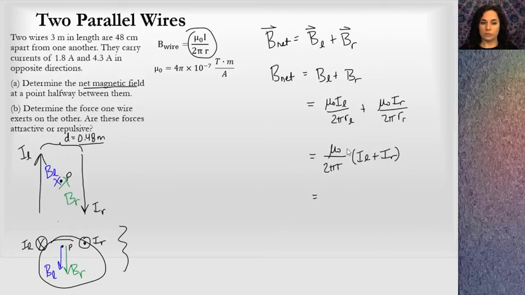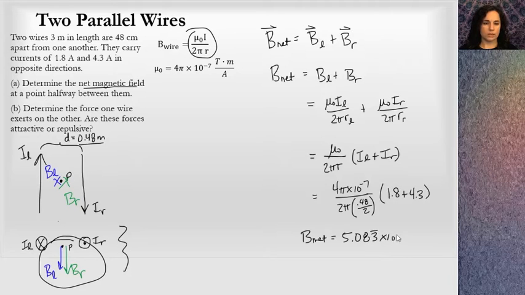So I'm going to write in what I know. Mu naught is 4 pi times 10 to the negative 7th. I have that over 2 pi over 0.48 over 2. All right, and then I'm going to add the two currents. So I have 1.8 plus 4.3. All right, so when you run all of this through the calculator, the net magnetic field is 5.083 repeating times 10 to the negative 6 Tesla.